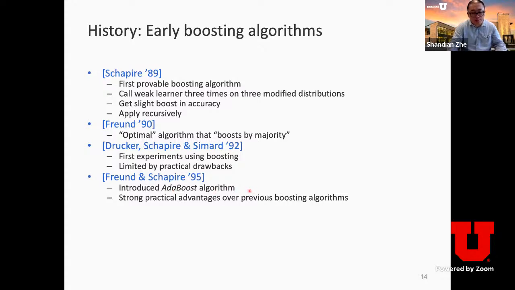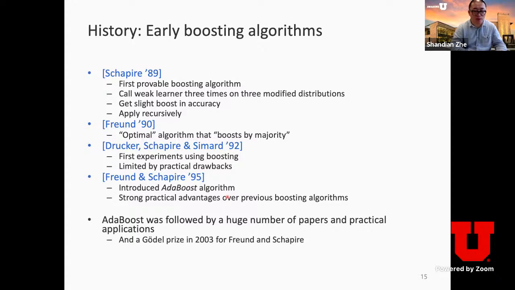And the breakthrough was made in 1995 by Freund and Schapire, and they introduced the AdaBoost algorithm, which we're going to discuss today. So AdaBoost not only enjoys theoretical advantages, but also exhibits strong practical advantages over previous boosting algorithms. After that, numerous extensions and applications of AdaBoost showed up.